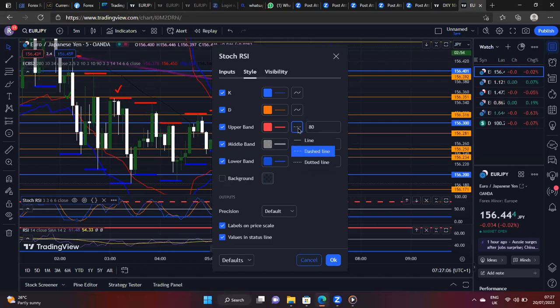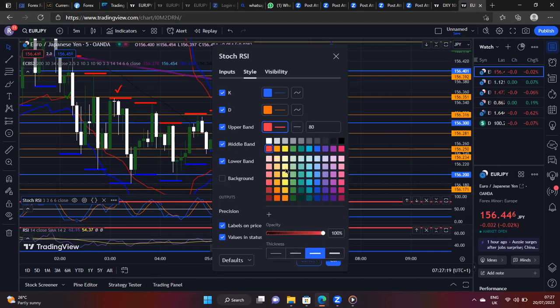Or if we made this a dotted line, it's going to be a dotted line. But you just want to keep your chart clean. Use a line, and make sure the line is thick enough. Look at this, if I use this, it's going to be faint, so I won't see exactly where price crosses above it. So you want to use a thick line for it.